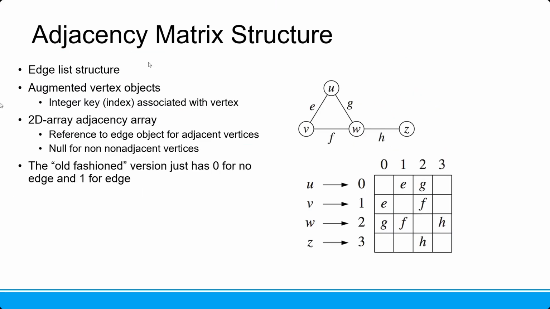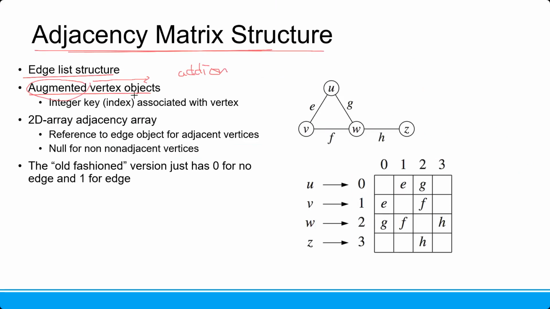We can also do the adjacency matrix structure. For the adjacency matrix structure, we will leverage the edge list structure, and we will do the augmented vertex objects. Augmented, as we learned before, means addition.